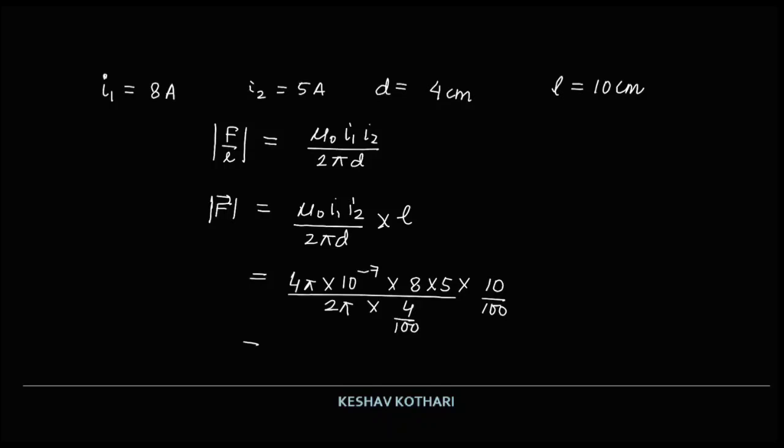This will give us the value of force acting between the two wires, and the value is coming out to be 2 into 10 to the power minus 5 Newton. So if the two wires are carrying current in the same direction, then the force is attractive in nature.